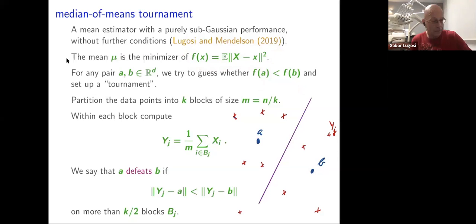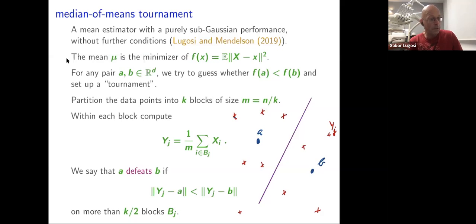Sorry, let me go back a little bit. So again, this is a median of means kind of estimator. We start by partitioning the data into k blocks. All of them are of equal size, and within each block we compute the average. These averages, these y's, are these points here.